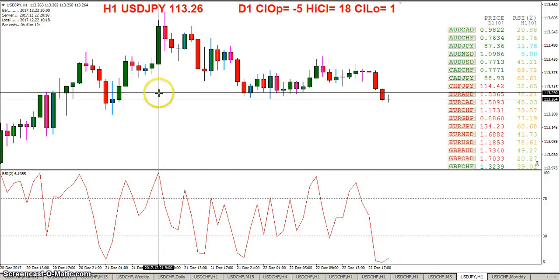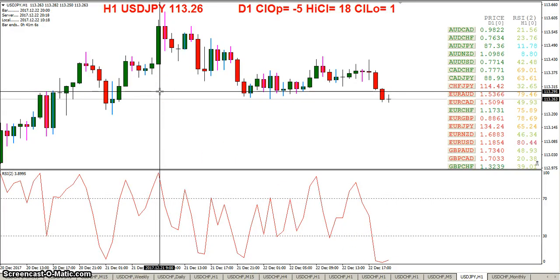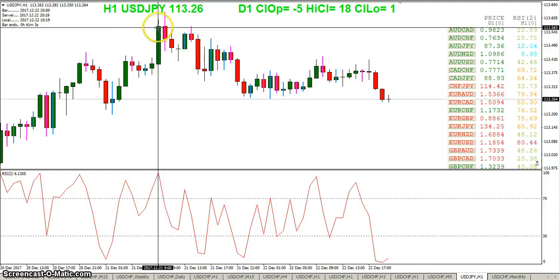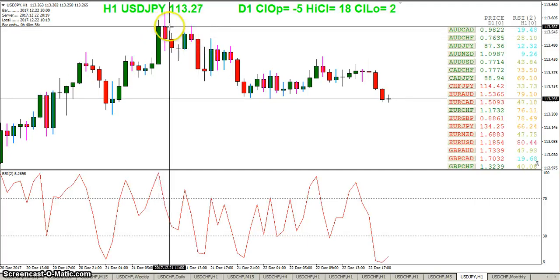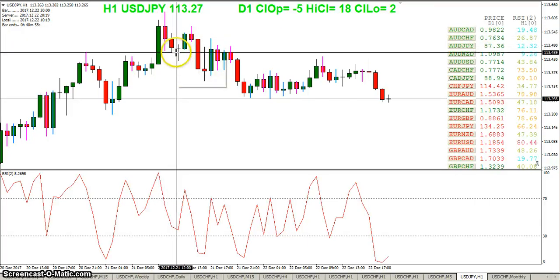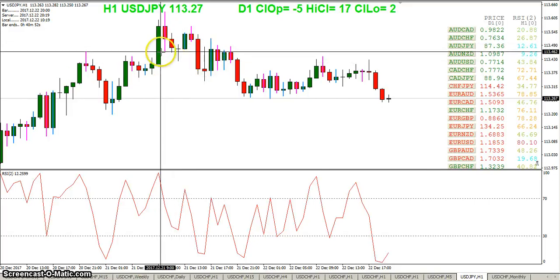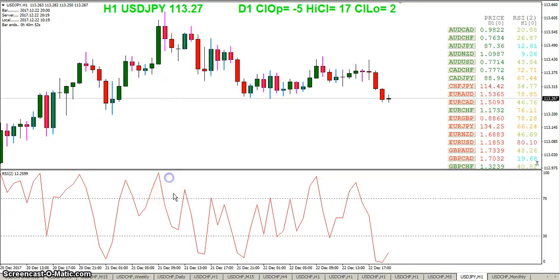So once again here, you see, you've got an overbought, and then you've got the trigger right there. Or if you're just following RSI 2, since it's much more responsive, you can take it.